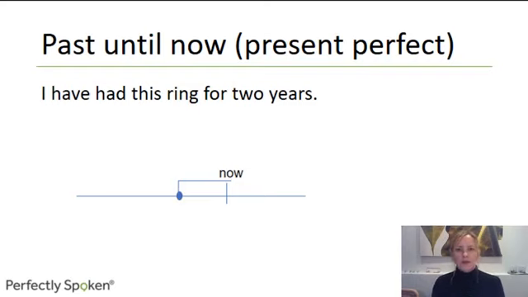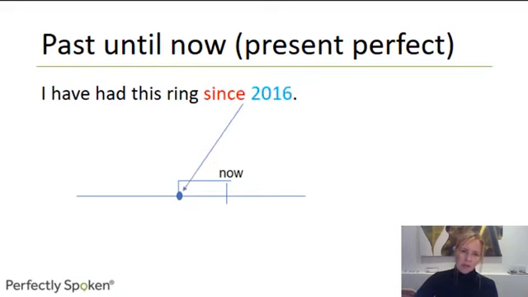I love my phone. Okay. I've had this ring for 2 years. So here, as you can see, you've got for 2 years, or alternatively, since 2016. Okay, so remember the difference in the use of for and since.